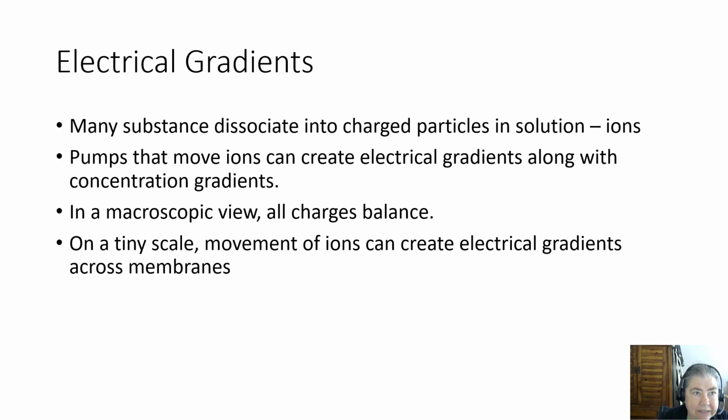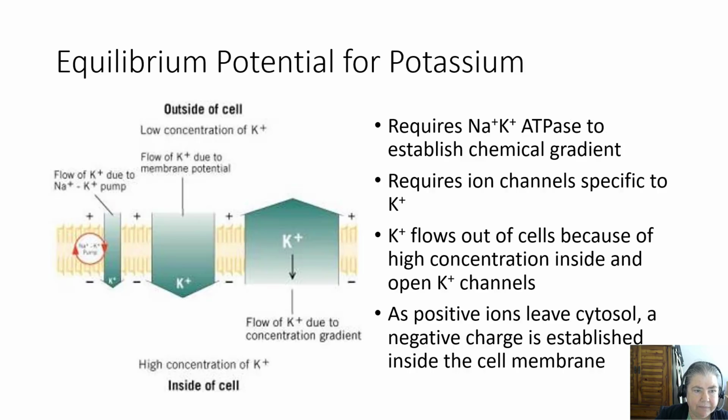But on the tiny scale of cells and cellular membranes, the movement of these ions can create electrical gradients across cell membranes along with chemical gradients. I talked about a concept called the equilibrium potential. And the equilibrium potentials for potassium and for sodium are extremely important in cellular function in a lot of ways.